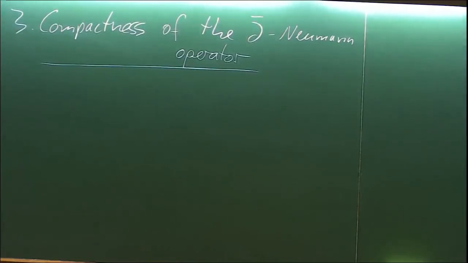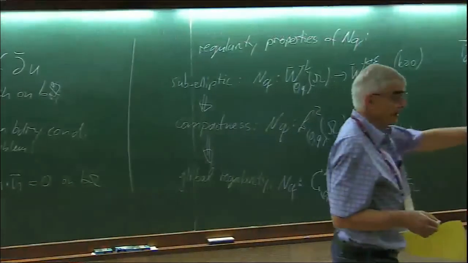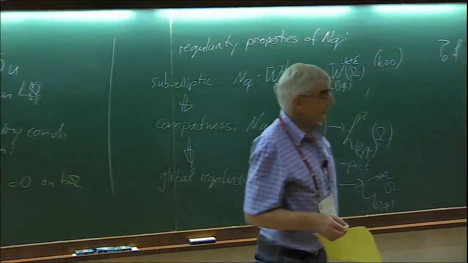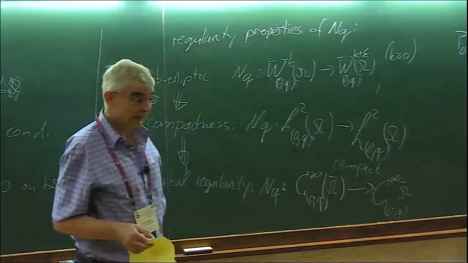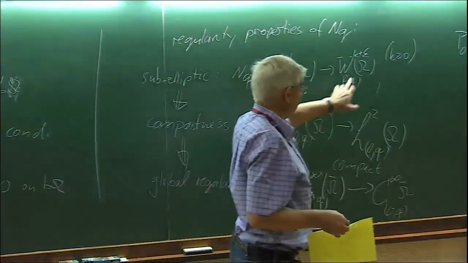Another reason why it's interesting is that it has applications for the Fredholm theory of Toeplitz operators on the domains. By the way, here I forgot to give some examples. For compactness, we'll see examples the rest of the week. Subellipticity, if you've looked at the handout, the simplest case is when the domain is strictly pseudoconvex, then the epsilon here is 1.